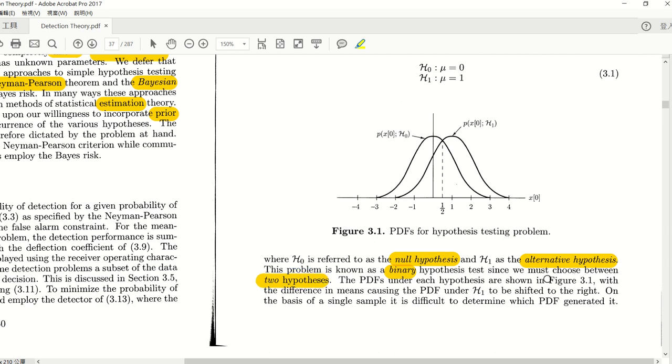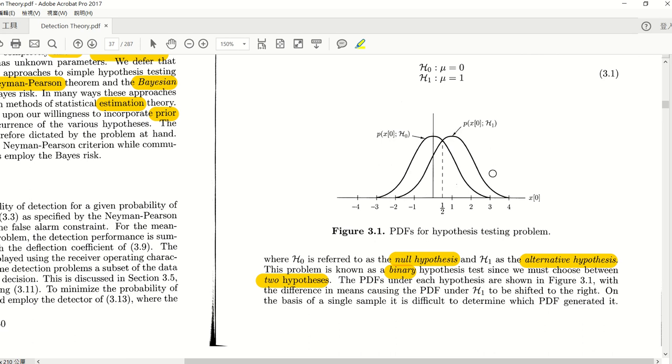Okay. So the PDF under each hypothesis are shown in figure 3.1, with the difference in means causing the PDF under H1 to be shifted to the right.